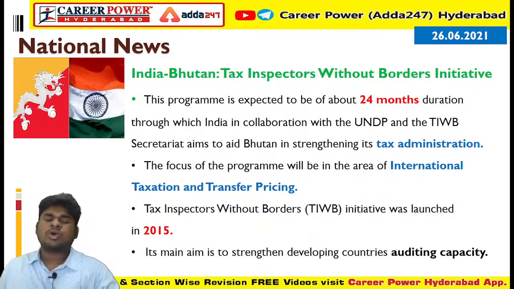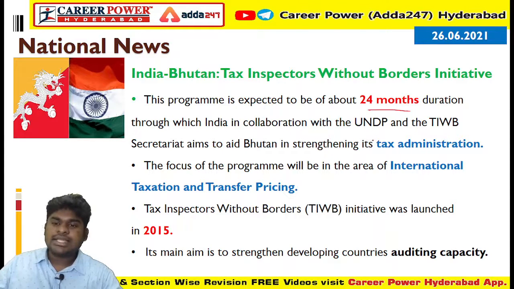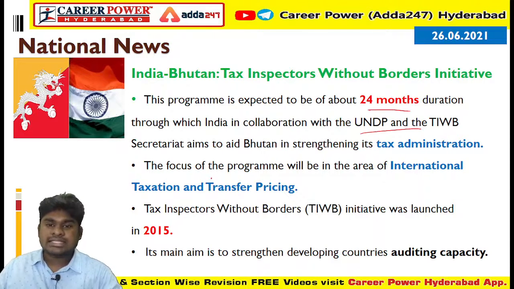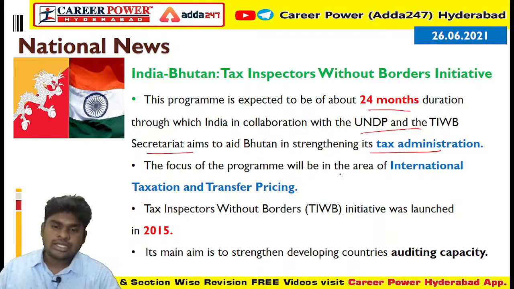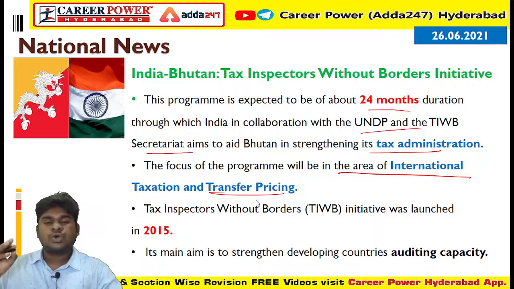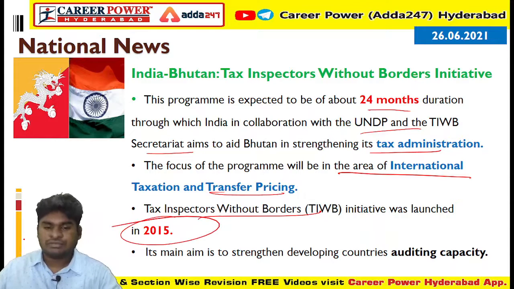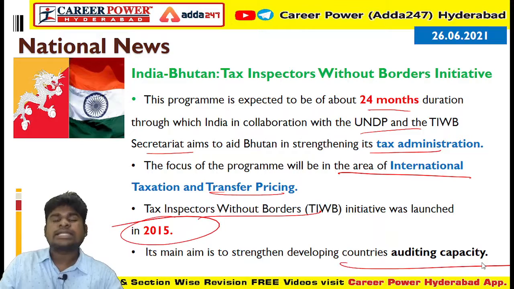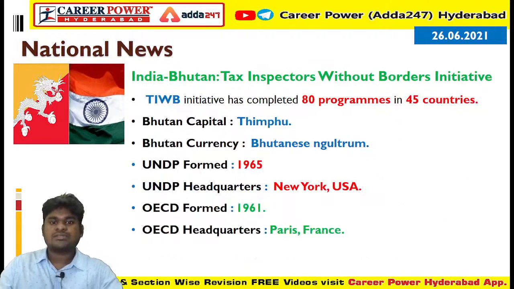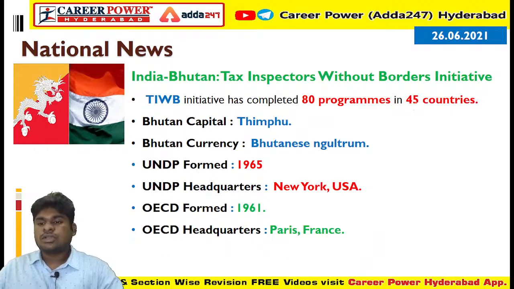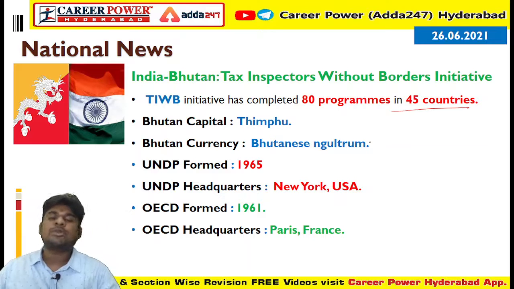Within 24 months, India along with UNDP and the Tax Inspectors Without Borders Secretariat will strengthen the tax system in Bhutan. The main aim of the program is to enhance international taxation and transfer pricing policy. This initiative was launched in 2015 mainly to develop auditing capacity in developing countries, and has been launched in nearly 45 countries to date.